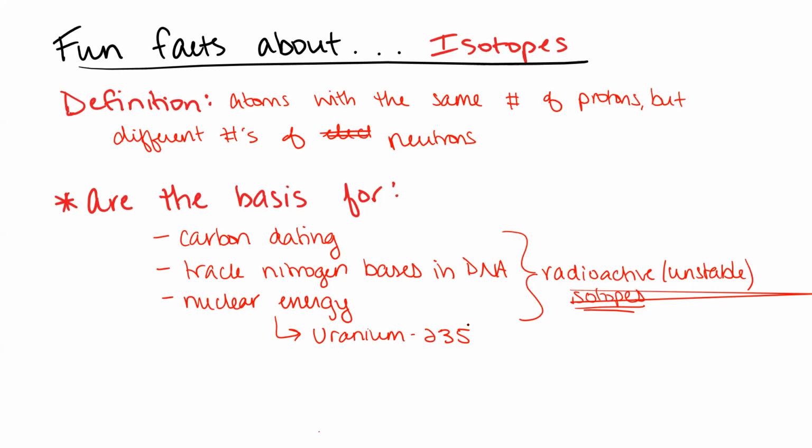This means that it also had an unstable number of neutrons in its nucleus, which enabled us to carry out a process called fission. If you're interested in more about this, you can look it up on the internet and read about it and see what it actually does. It's pretty interesting, and it produces a lot of energy, and it's a pretty catastrophic reaction when it goes uncontrolled. But either way, you want to know why isotopes matter? This is why.